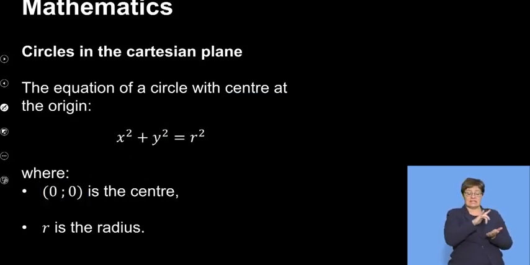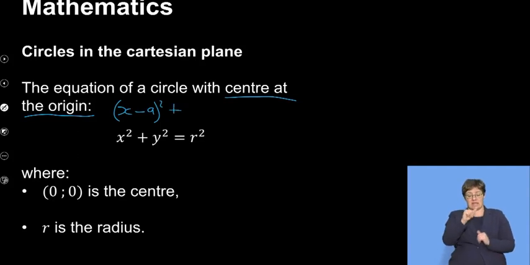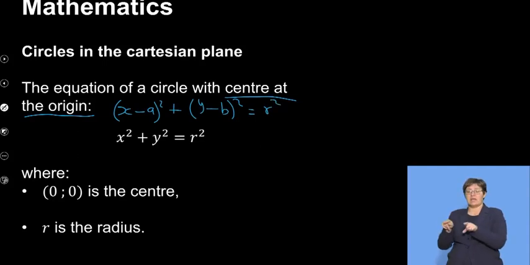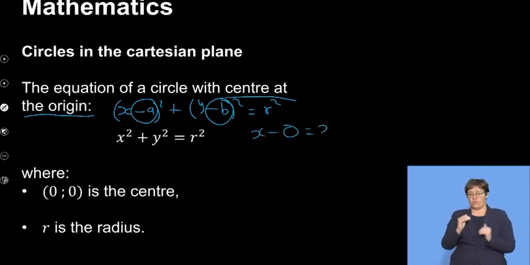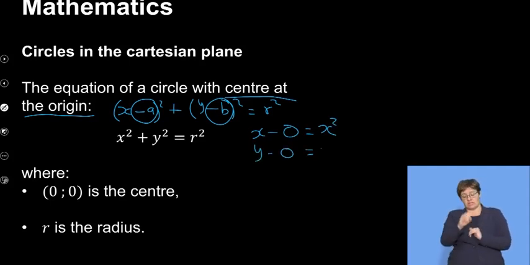Now, if the center is at the origin, it means we start from (x minus a) squared plus (y minus b) squared equals r squared. Remember that a and b are the coordinates of the center. Since the center is at the origin, it means x minus 0, which is just x, squared, plus y minus 0, which is just y, squared.